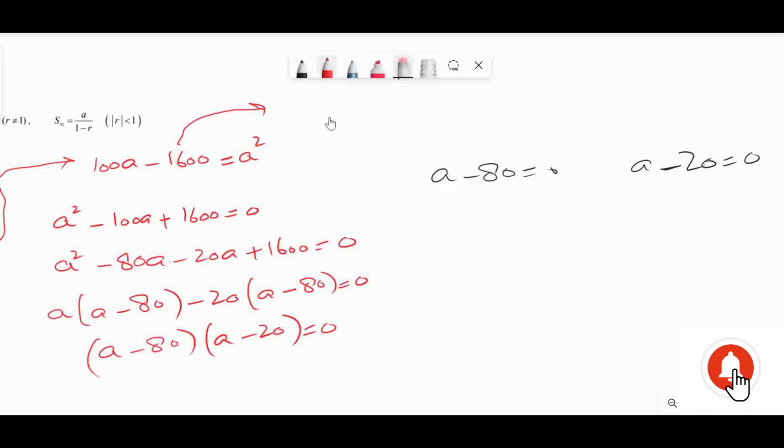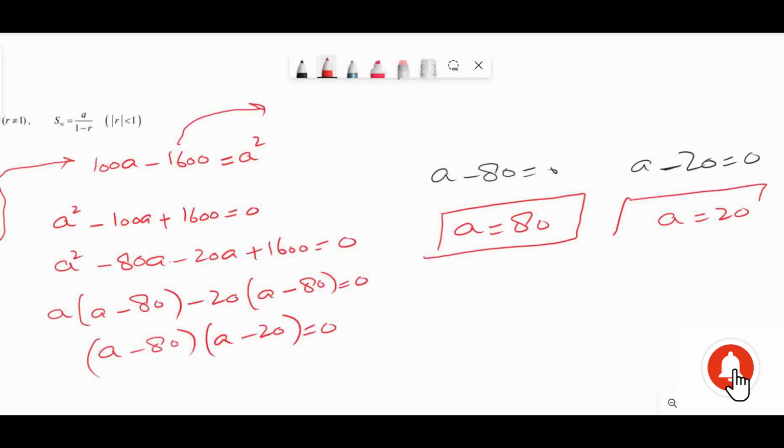This will be the final answer. A will be equal to 80 and the other value of A will be equal to 20. That is it. These two will be the final answer. Let's move on. I hope that the concept is clear.